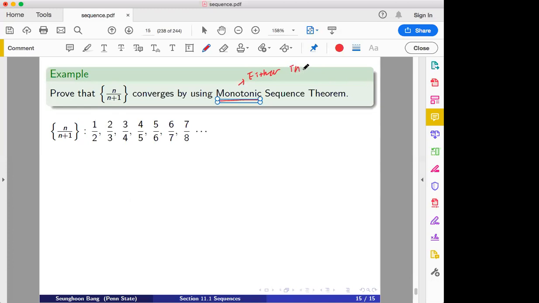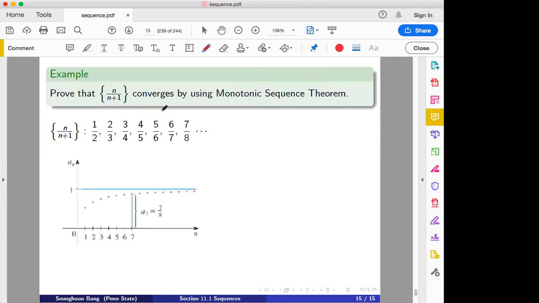Yes, it is monotonic. You can draw the graph: 1 over 2, 2 over 3, 3 over 4, just increasing, greater, greater, greater. It is increasing, so monotonic.